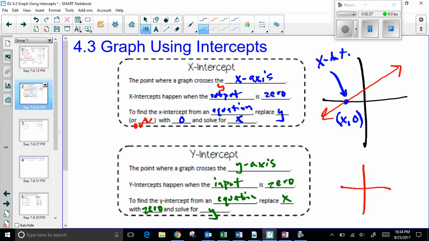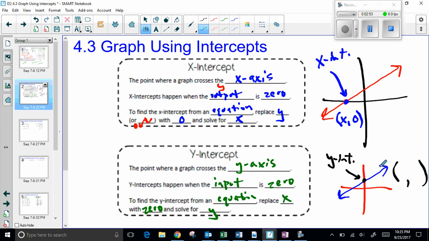If I go down here to my y-intercept, it's the same thing, only now if I draw my line going right through here, I'm focused on where it crosses the y-axis. This is my y-intercept. The one thing I know when I write my ordered pair for my y-intercept, I don't know what my y value is exactly.